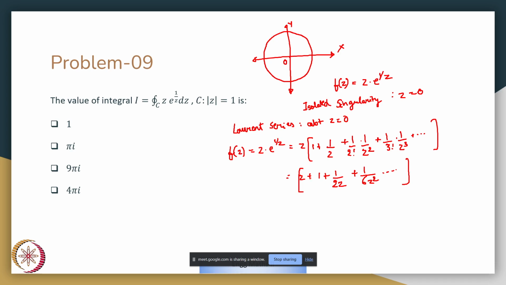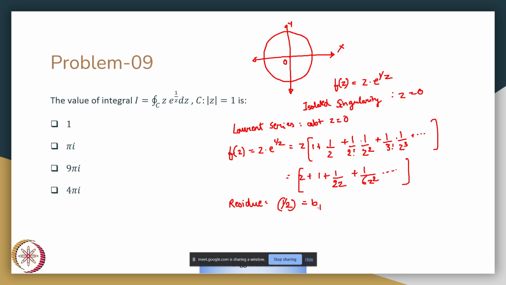If we look at this, we essentially get that our residue is the coefficient of the z raised to minus 1 term, which in our case is essentially half, which is b1.